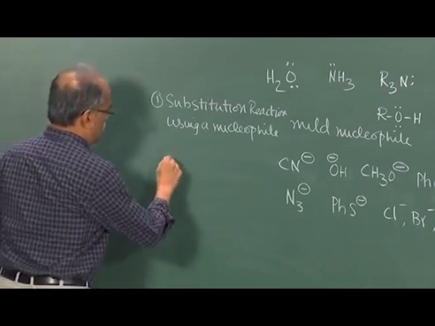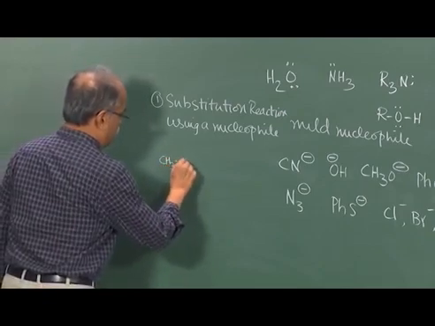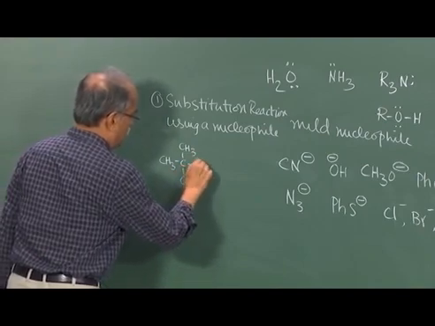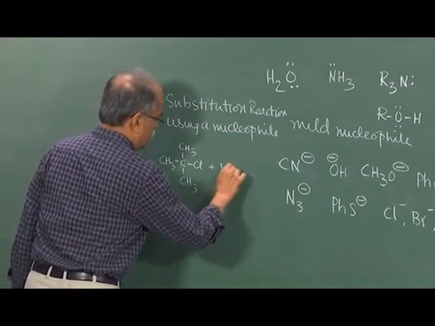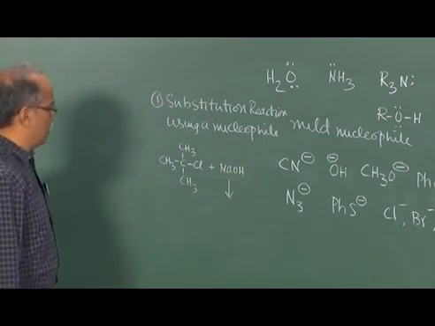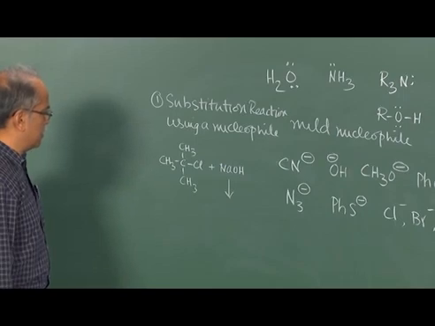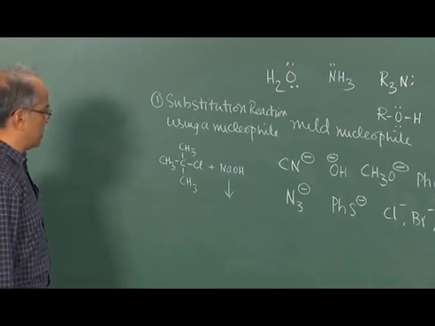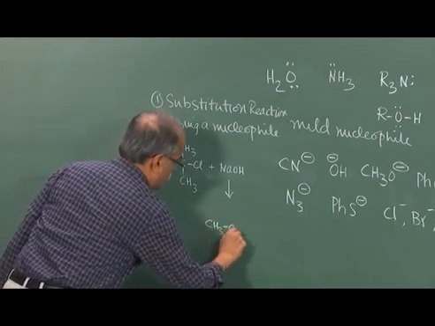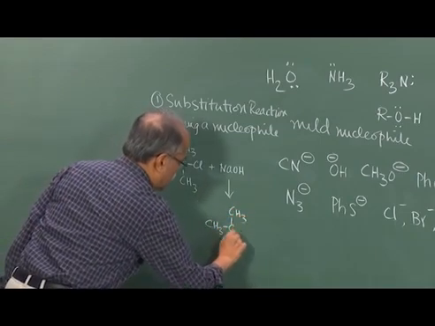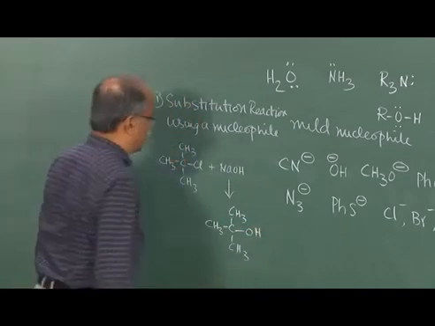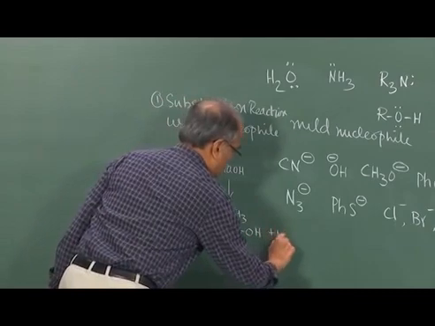Suppose you take tertiary butyl chloride and react it with, let us say, sodium hydroxide. The chloride can be ionized and in its place the hydroxide can be substituted. So, essentially one can produce tertiary butyl alcohol as the product during the process of the substitution reaction.